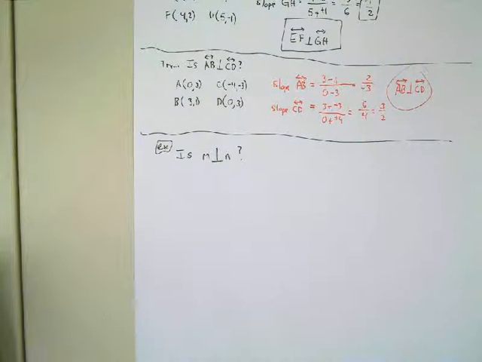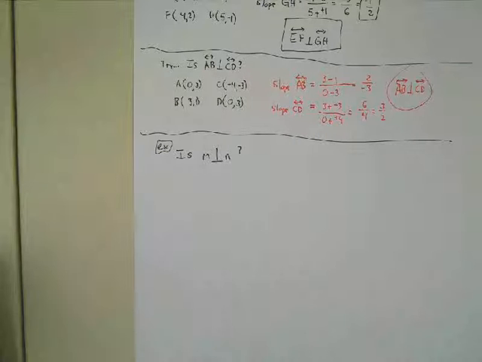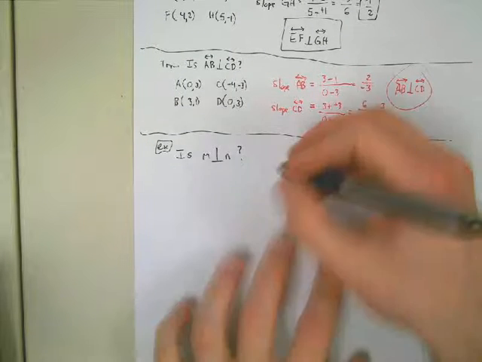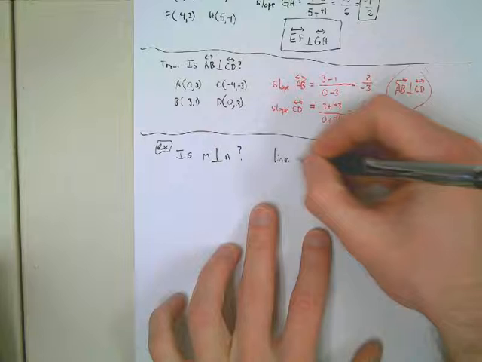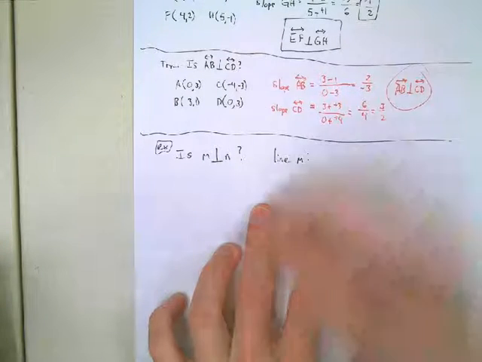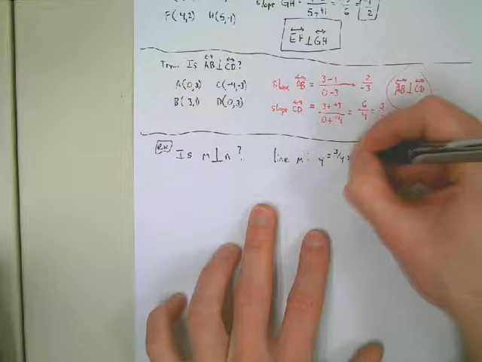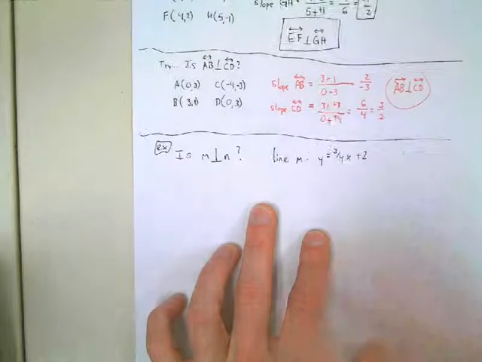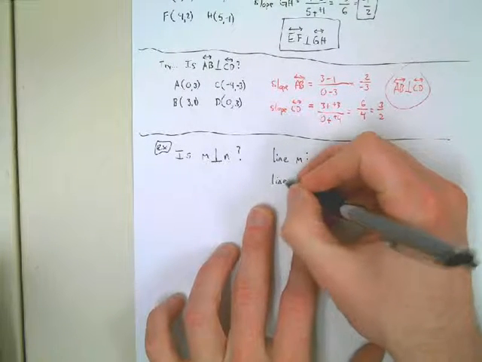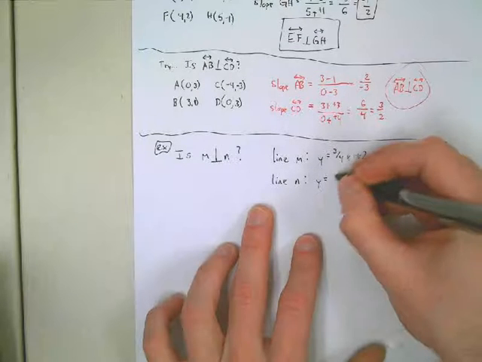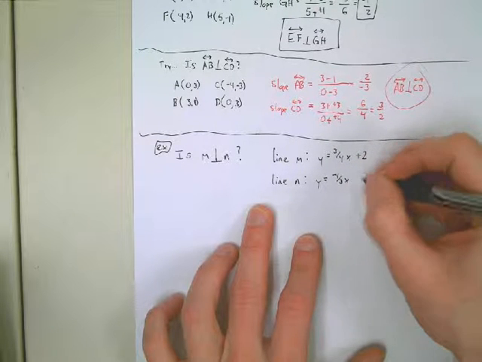Remember that sometimes we can name lines not with 2 points, but using a single lowercase letter. Here's line m, and line m has equation y equals 3/4 x plus 2. And line n has equation y equals negative 4/3 x plus negative 3.